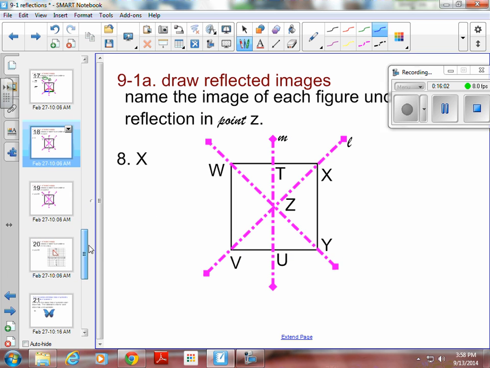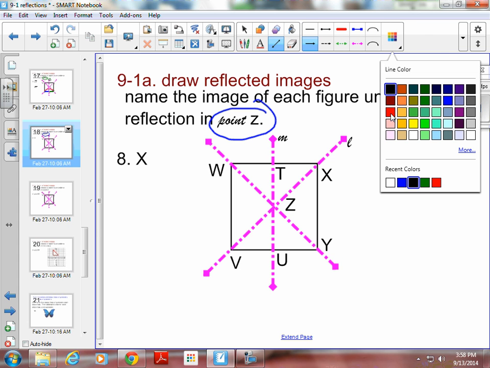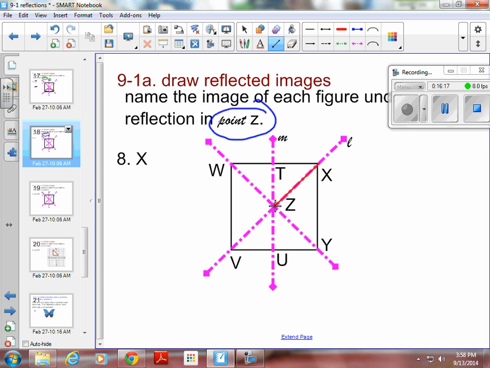Okay, I got a couple more to show you. How about if I reflect across a point? If I reflect through a point. So I want X, and I'm going to go through point Z. So X is here. I want to go through point Z and go the same exact distance to the other side. So X through Z, and let me make that a little bit darker so you can see it.